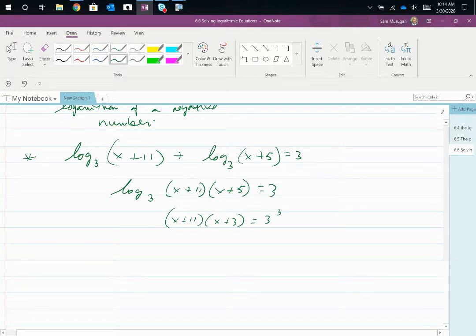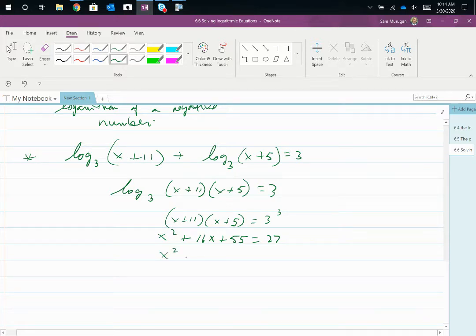Foiling on the left-hand side, we've got x squared, that's 3x plus 11x, which is, so I kind of lost my way right there. This is 5. So x squared plus 16x plus 55 is equal to 27.